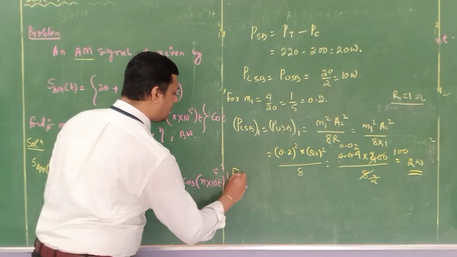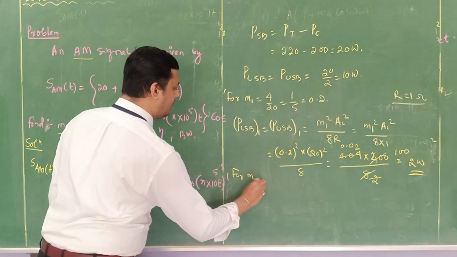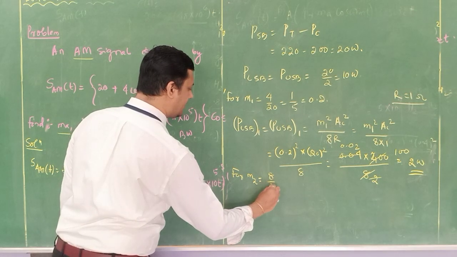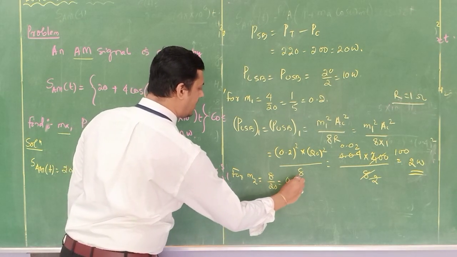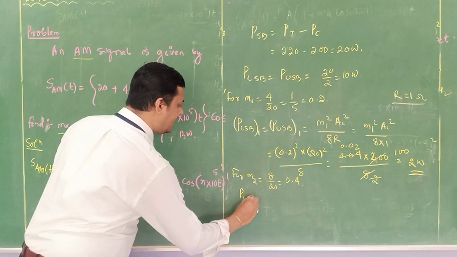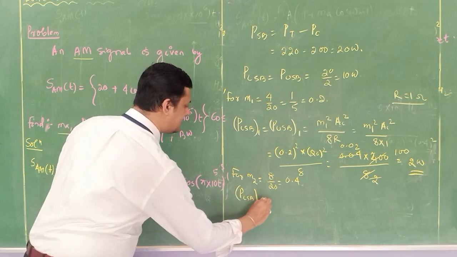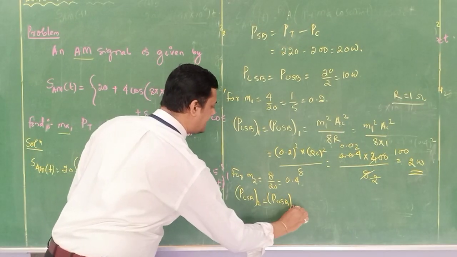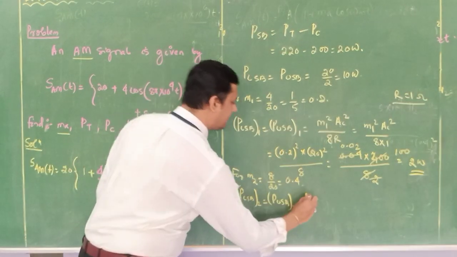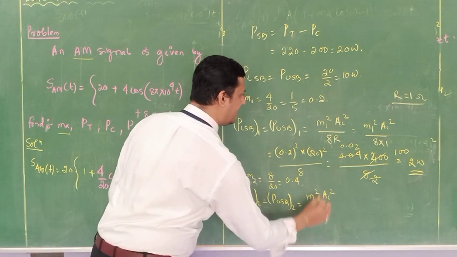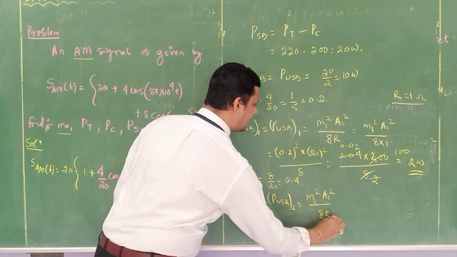Similarly, for M2, how much is it? 8 by 20. 8 by 20 means 0.4. So LSB of second, USB of second is equal to M2 square AC square divided by 8R.